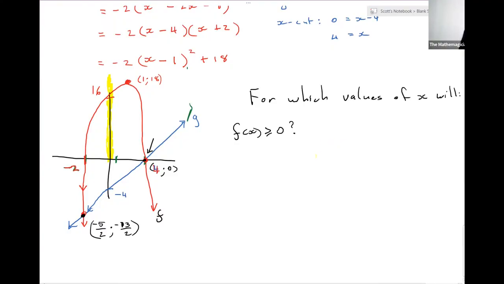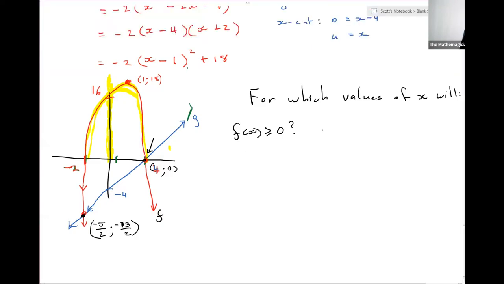Which x values give that parabola positive values? Very nice. I see some answers coming through. Good. We can see that the graph is going to be positive above the axis. Why? Because that's where the y values are positive.